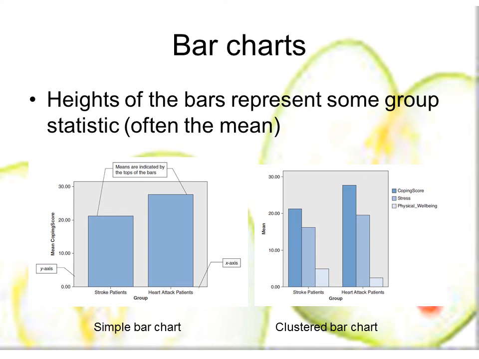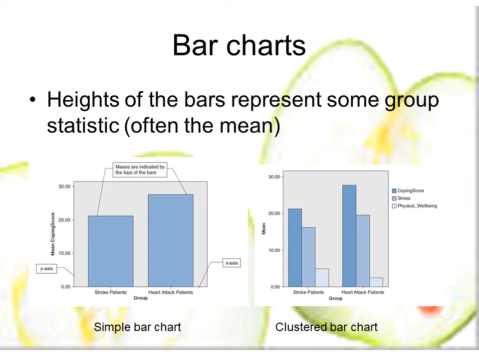Just looking at this simple bar graph, you see that obviously heart attack patients have a much higher rate. It looks to be about 25,000, while the stroke patients are at 20,000. It's pretty easy to understand.